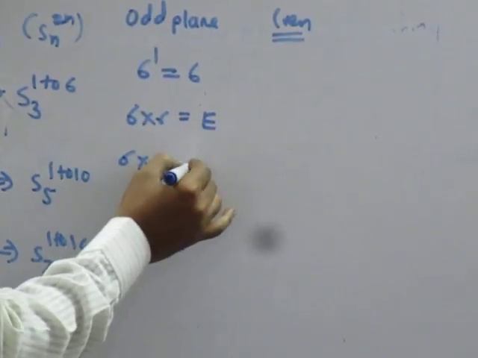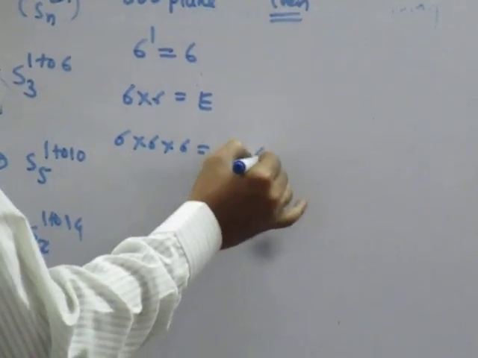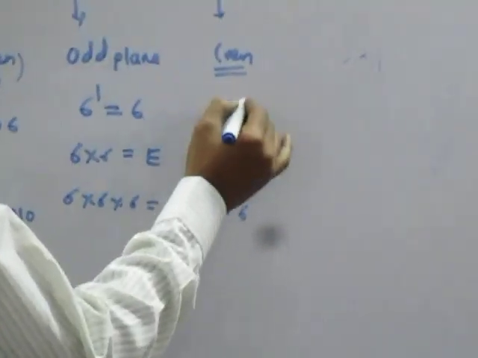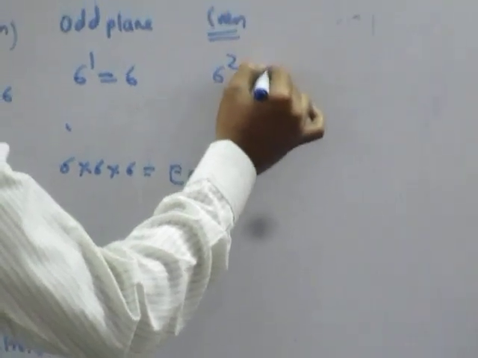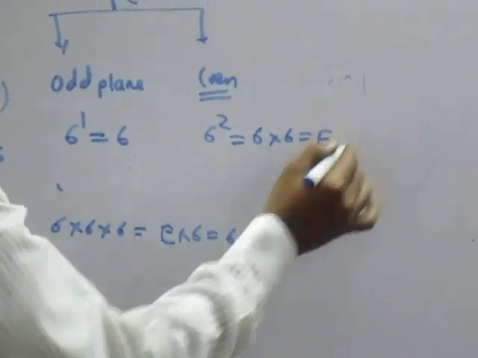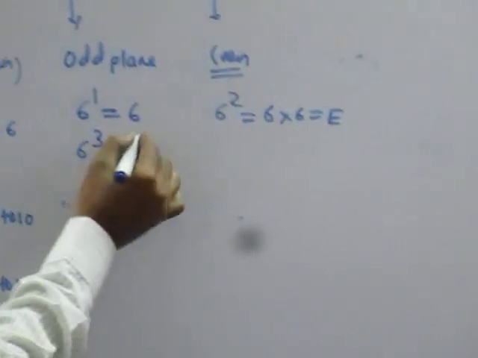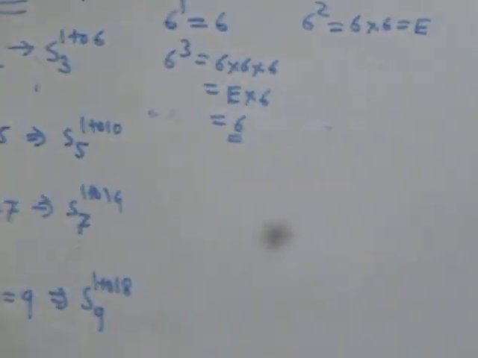Identity into sigma is equal to sigma. For even, sigma 2 is equivalent to sigma into sigma, which is equal to identity. Then sigma 3 is sigma into sigma into sigma, identity into sigma, which is equal to sigma.